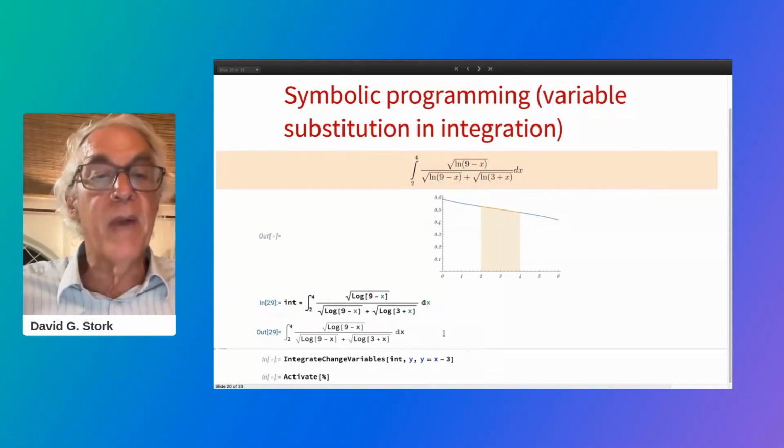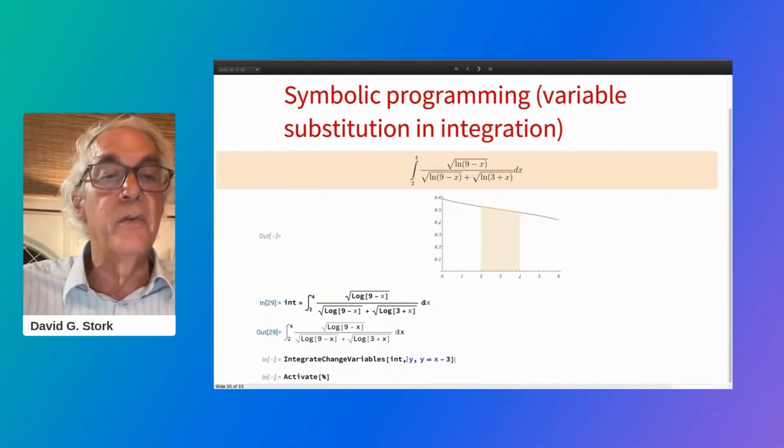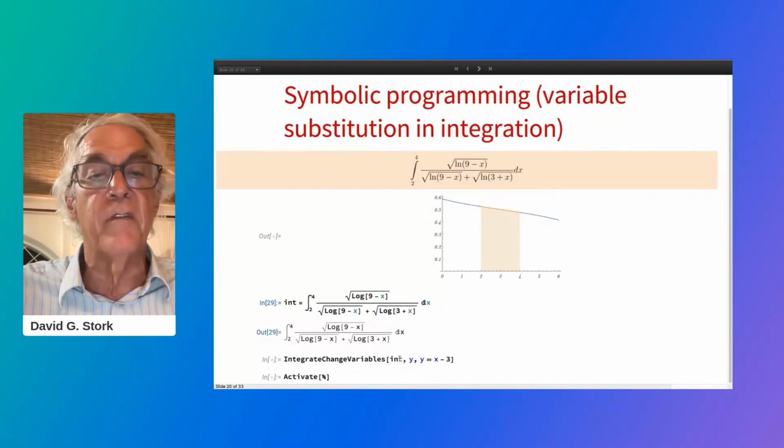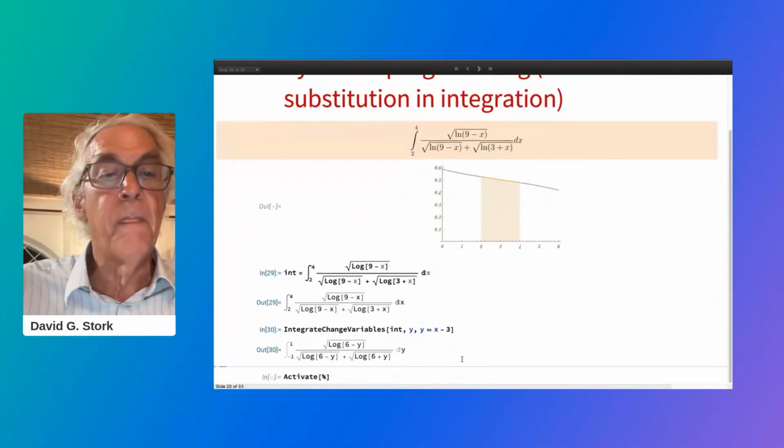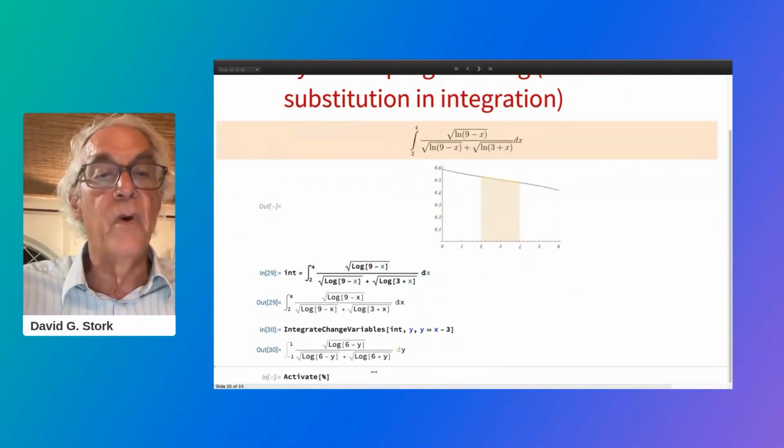And so you use your mathematical knowledge and say, all right, to use integrate change variables of the integral. I'm going to have a new variable y, where y is x minus 3. And there it is. And now that's my new integral. But you notice it has more symmetry and so forth. And now when you activate it, it comes out the integral to be 1.